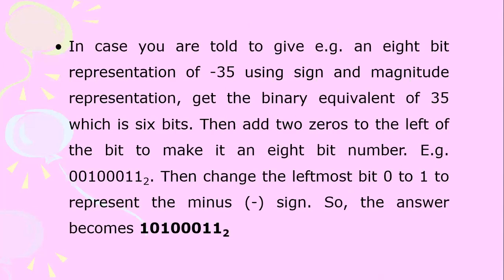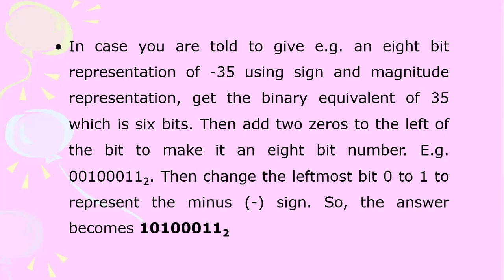In case you are told to give, for example, an 8-bit representation of -35 using sign and magnitude representation, get the binary equivalent of 35, which is 6 bits. Then add 2 zeros to the left of the bits in order to make it an 8-bit number.